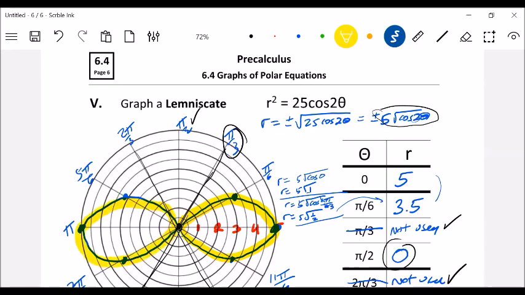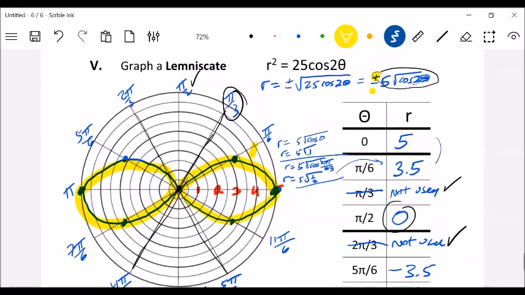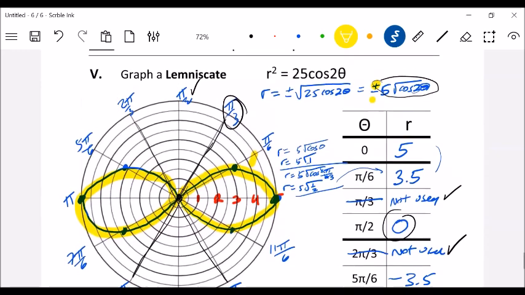So if you only put in the positive one, you would get half of it. You'd have to put the negative also to get the other half, and you see both of these on your graphing calculator or any kind of graphing utility. So there's another interesting one with some of the lines not being used, as opposed to negatives going the other way and just doubling up, which is what we see in the other types of problems.